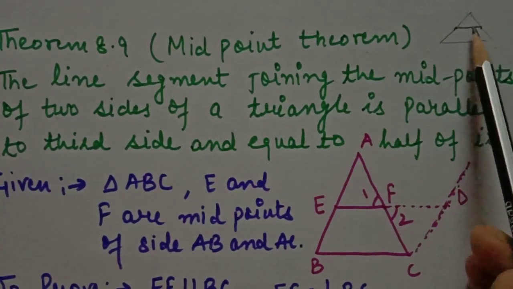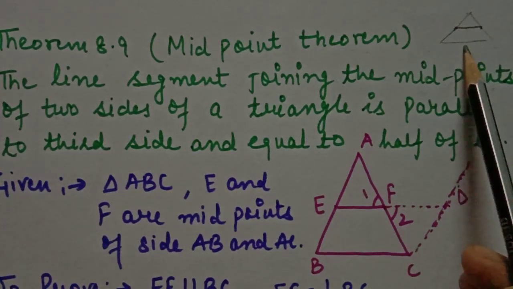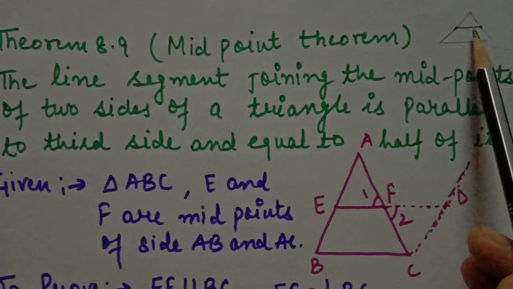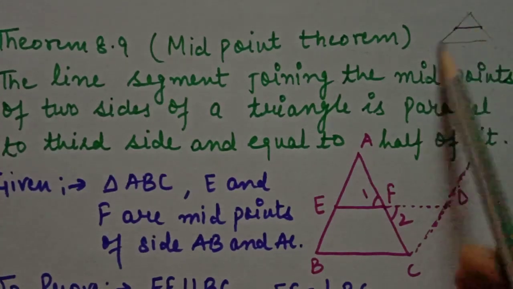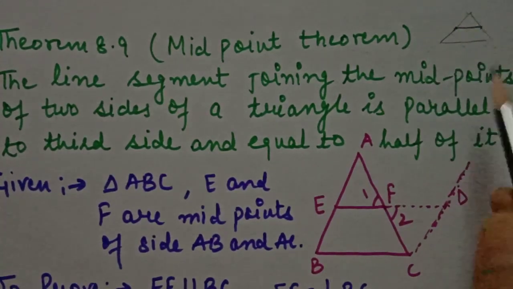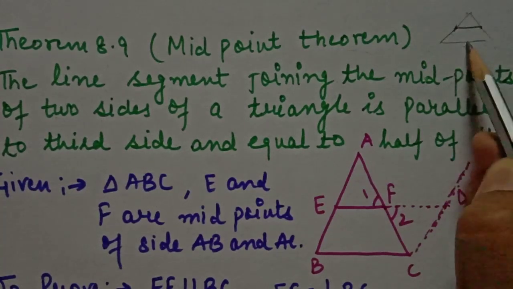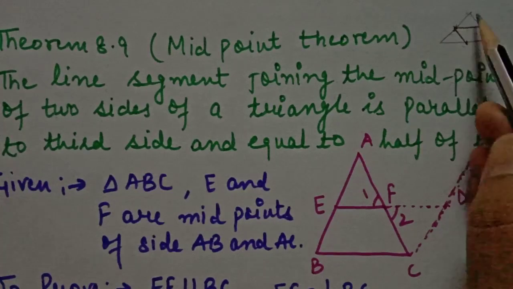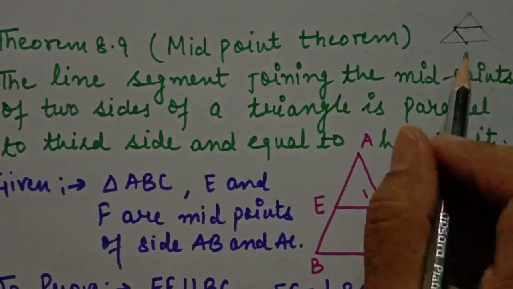So this new line is parallel to the third side, the remaining side, and half of it. It is not fixed that the midpoints are present like this only. The midpoints can be present like this also. So this line is parallel to this third line and half of it.